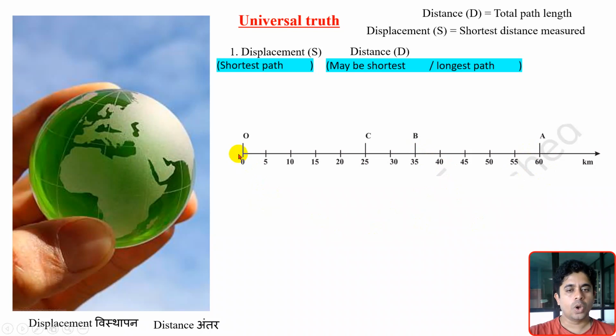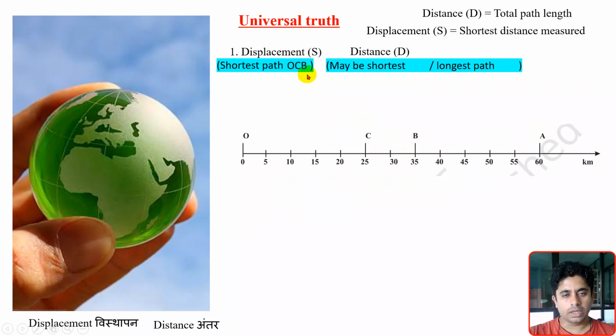First option is O to B through C. Second option is O to B through A. Now if I compare these two paths, which path is the shortest? Obviously, to reach B, if I go through C, that distance OCB will be the shortest.